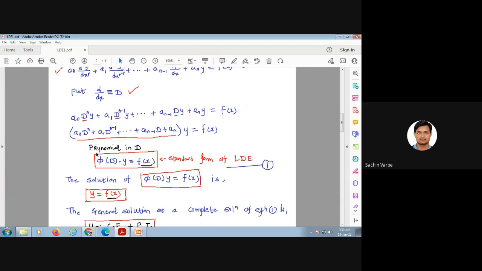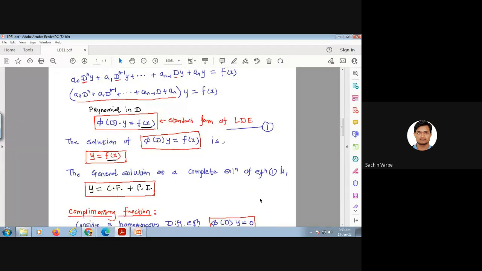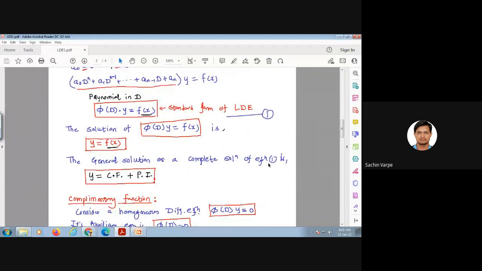And as I told you, the solution of linear differential equation is the value of the dependent variable involved in the equation in terms of the independent variable. Here we have considered the dependent variable to be y and the independent variable to be x. Therefore, its solution will be the value of y in terms of x. And that solution we call a general solution or complete solution, right?